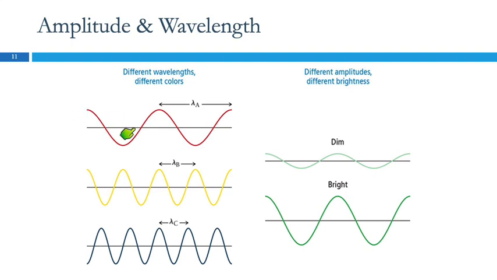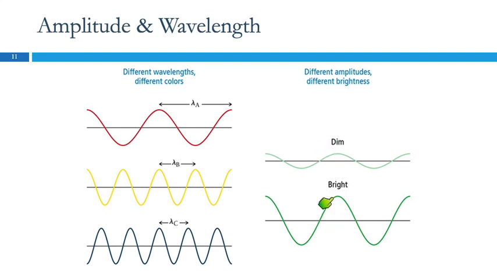So here, if we have light with a long wavelength, we may see that as red, whereas light with a shorter wavelength will appear blue to us. And in the middle are colors like yellow. So the difference between these colors is the wavelength of the electromagnetic radiation.